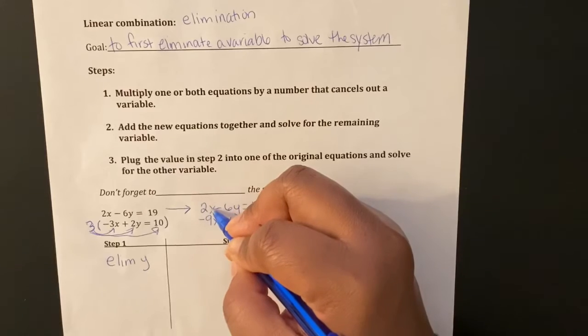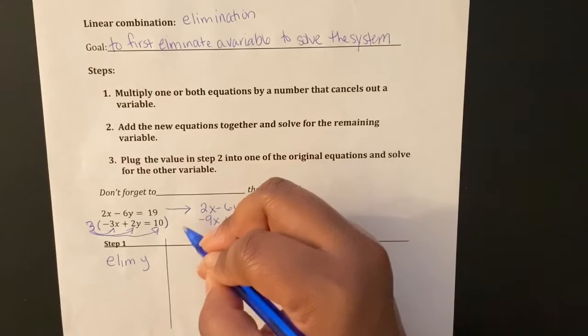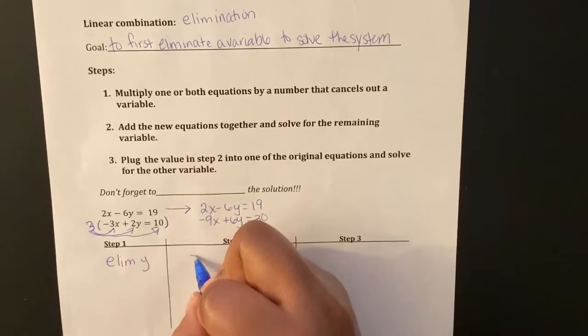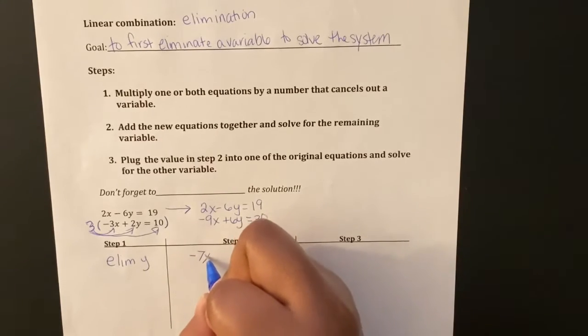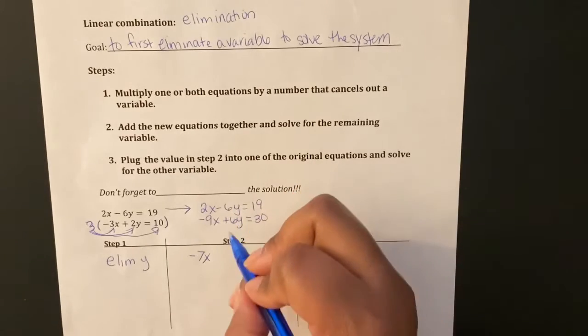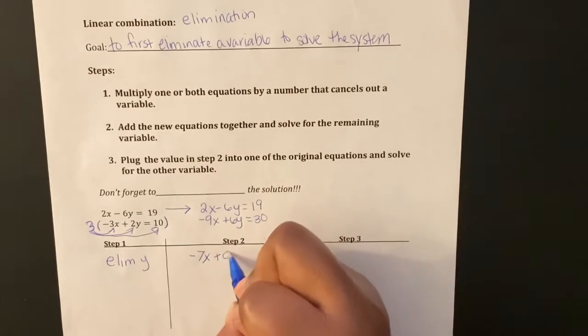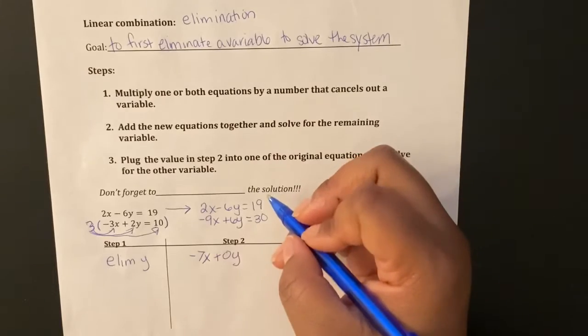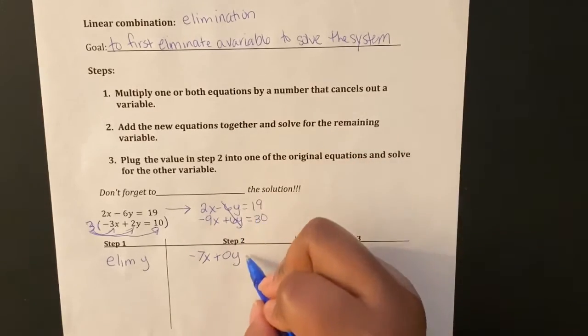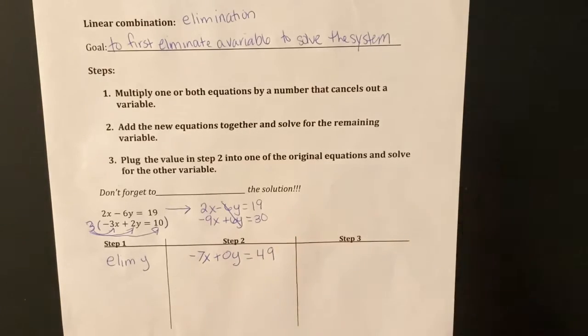So I'm going to add them together. 2x plus negative 9x is negative 7x. Negative 6y plus 6y is 0y. They cancel out. And then 19 plus 30 equals 49.